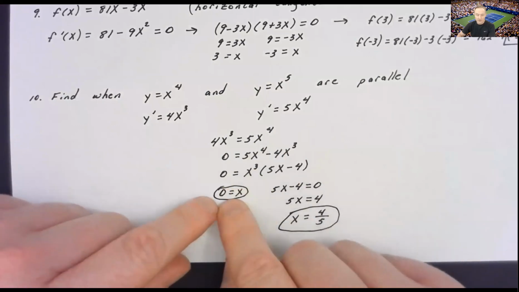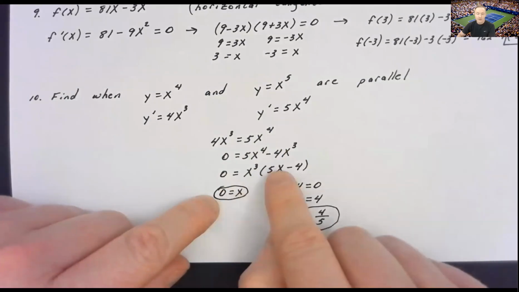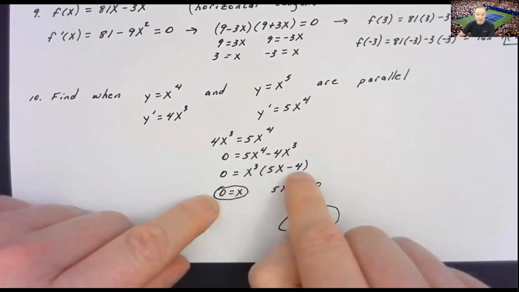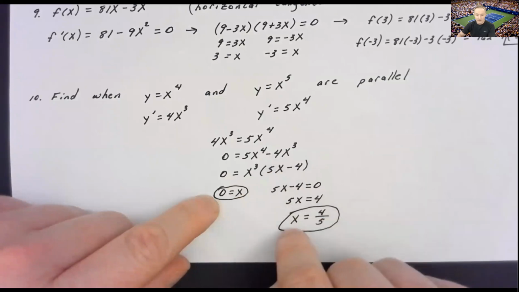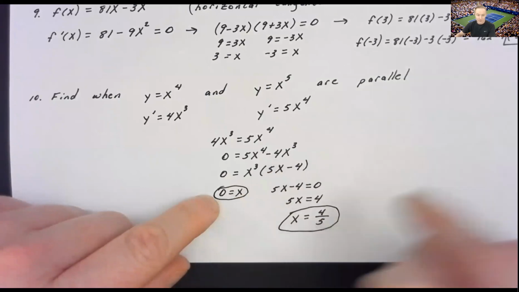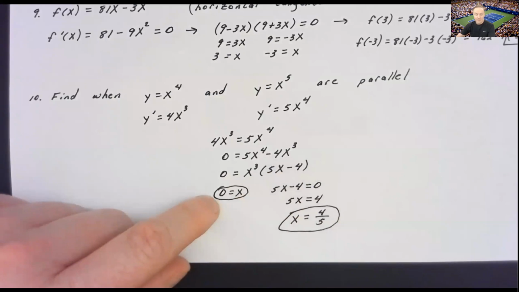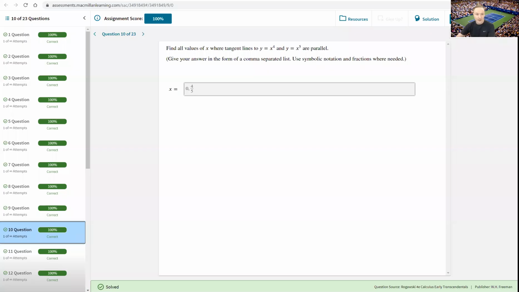Well, the first factor just gives me x equals 0. The second factor gives me 5x minus 4 is 0, which gives me 5x is equal to positive 4, and x equals 4/5. And then you can see on Achieve here, they just want you to list the numbers from low to high with a comma in between. So I said 0 and 4/5.